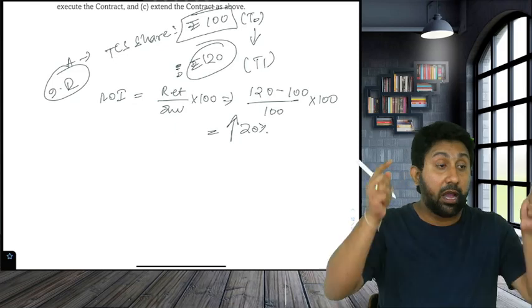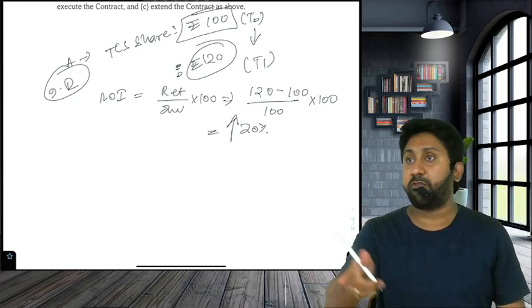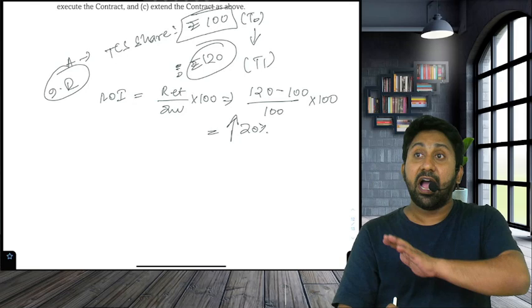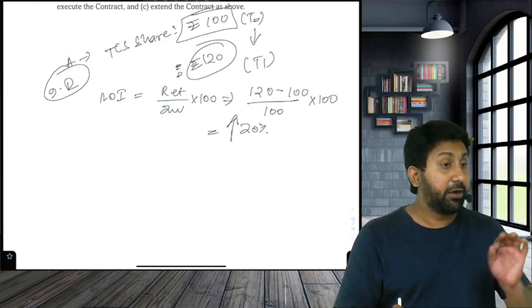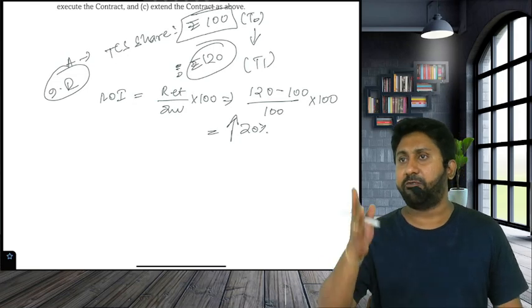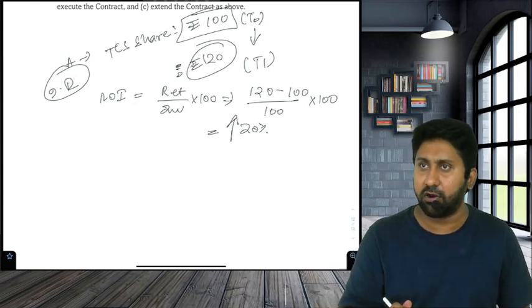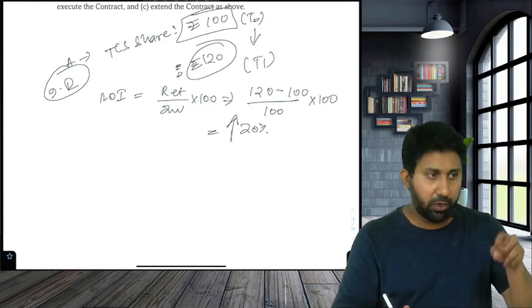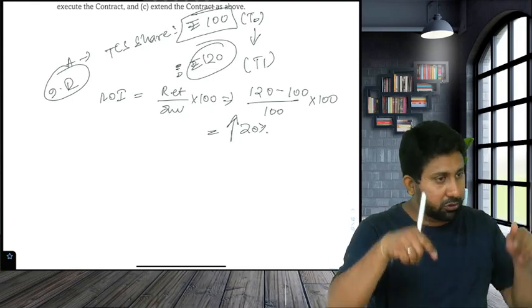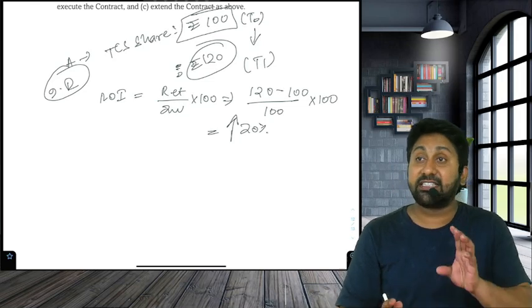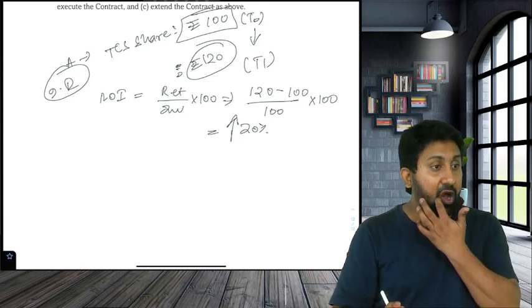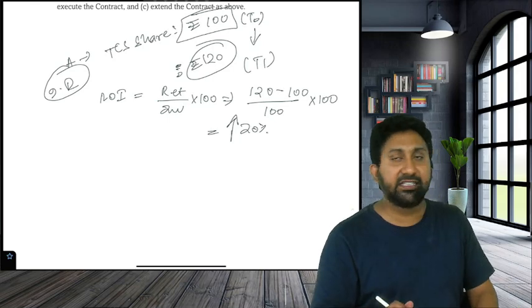If I would have sold it, I would have sold it for 120, or not? That means I am making a flat profit of 20 rupees per share. If I would have sold, I would have got a 20 rupee return. So this is called an implied return or inherent return that the TCS share is giving.